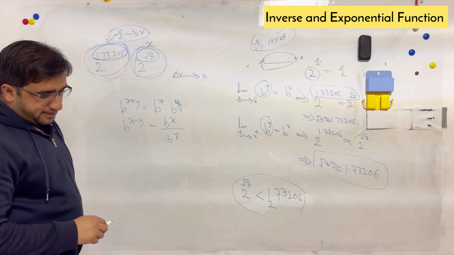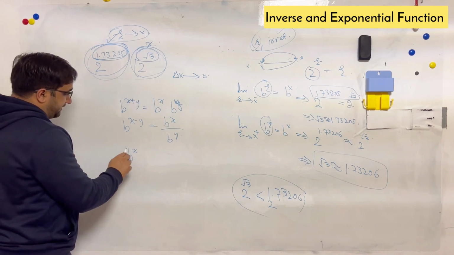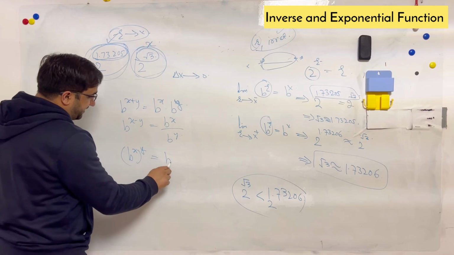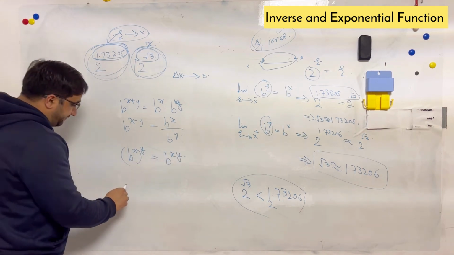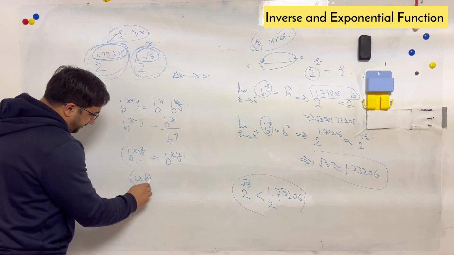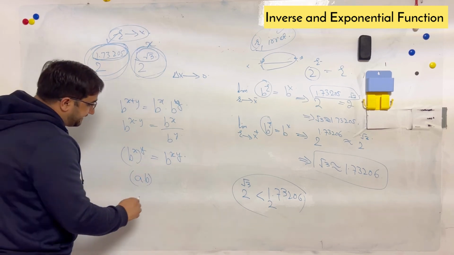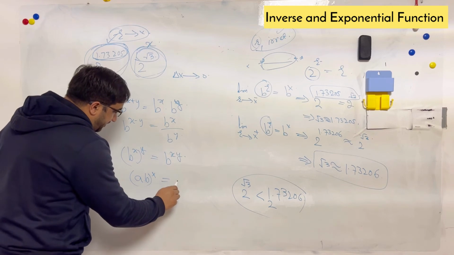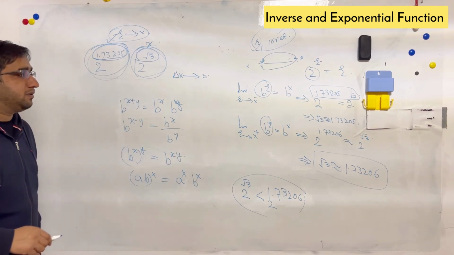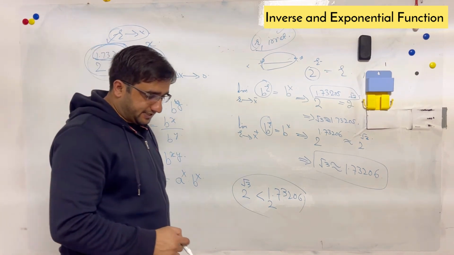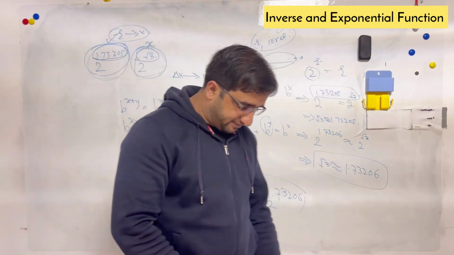And if they are like this, then you can write them as b raised to the power xy. And if there are two real numbers multiplied together and they have the power x, then you can always write them as a raised to the power x times b raised to the power x. So these are the rules working in the exponential functions.